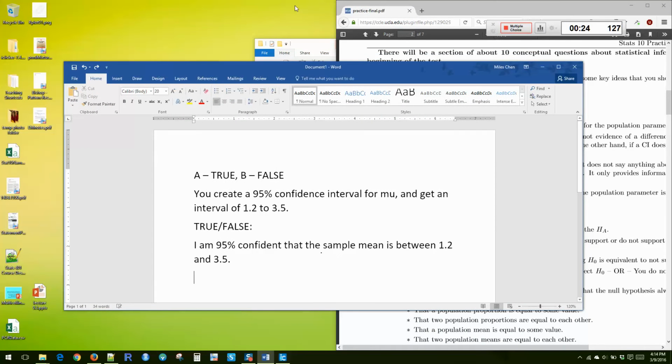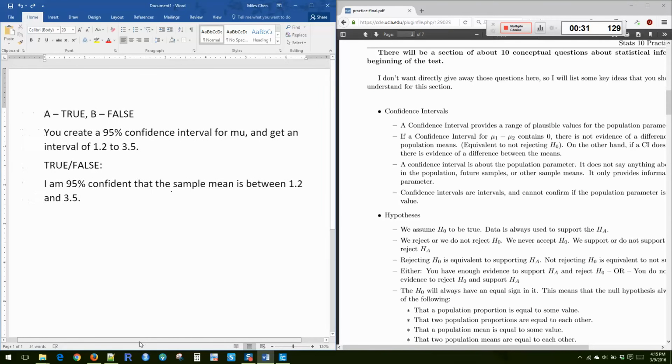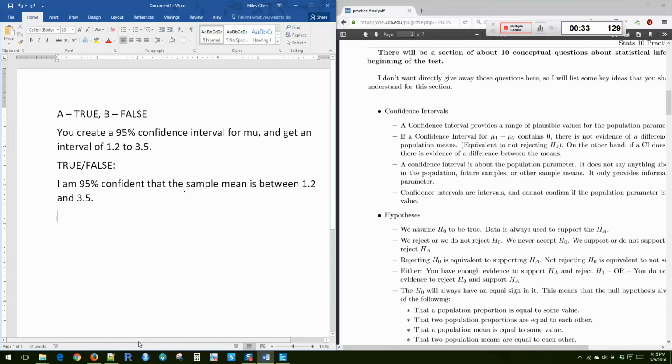Darn it. Of course, click the wrong thing. Okay, did we get our clicks in? I'll say just a couple more seconds here, and we will stop.